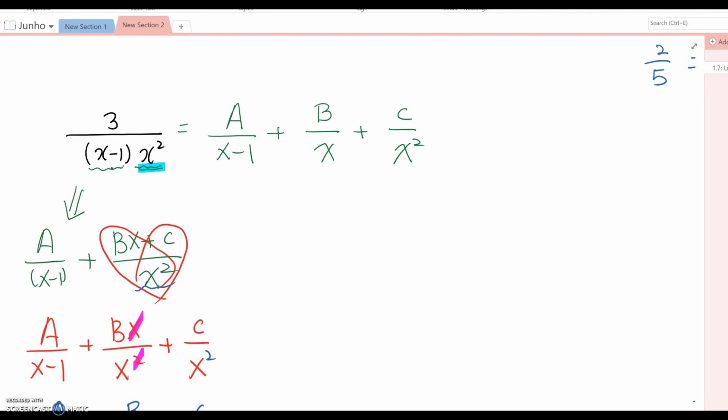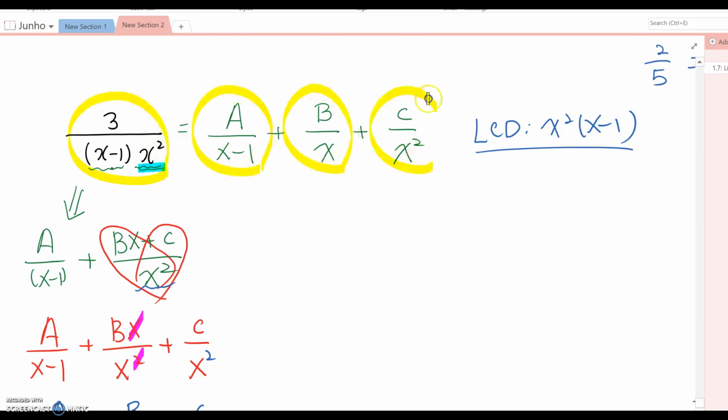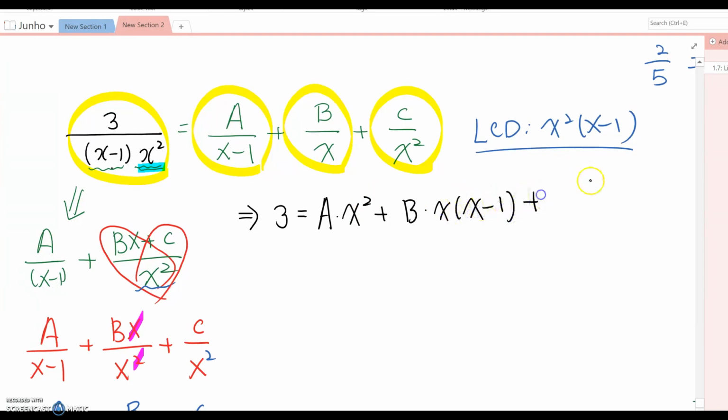Okay, so now this one case. What is the LCD for this fraction? The LCD becomes x squared times x minus 1. So we multiply this LCD to each fraction, then you will get 3 equals a times x squared plus b times x times (x minus 1) plus c times (x minus 1).